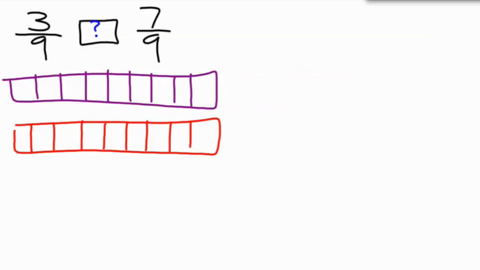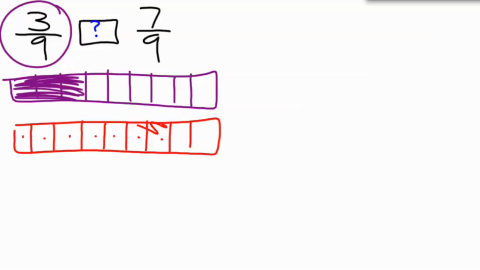In the fraction 3/9, the numerator is 3, telling us that we need to shade in 3 of our 9 pieces of candy. Similarly, in our fraction 7/9, we need to shade in 7 pieces because our numerator is 7. So 7/9 of the candy bar is shaded in. And now very clearly we have a visual representation of why 7/9 is greater than 3/9.